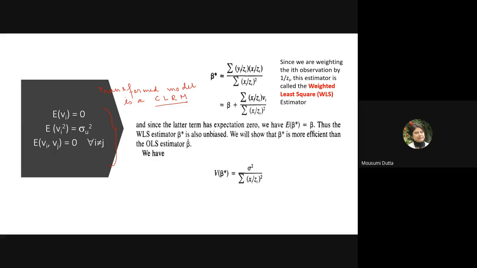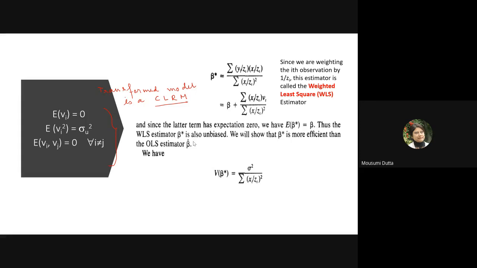So while Ui were not classical, because there was the problem of heteroscedasticity, Vi is classical in nature. Vi is a classical error. And for that matter, if you calculate variance of beta star WLS, the variance formula will be exactly equal to sigma square divided by summation of square of explanatory variable.